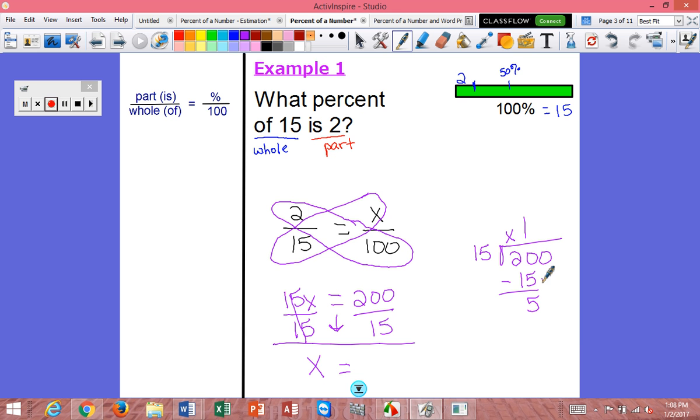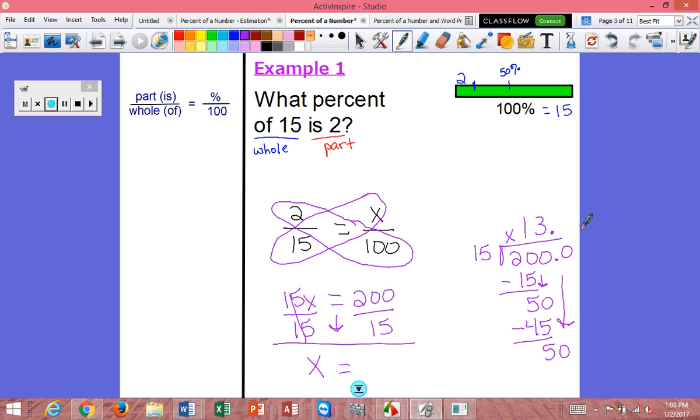We get 5 left over. 15 can go into 50 3 times, which is 45. Okay, so obviously this is going to repeat. Now, when we add a decimal and annex a 0, 15 is going into 50 again. We know it's just going to be 13.3 repeating.